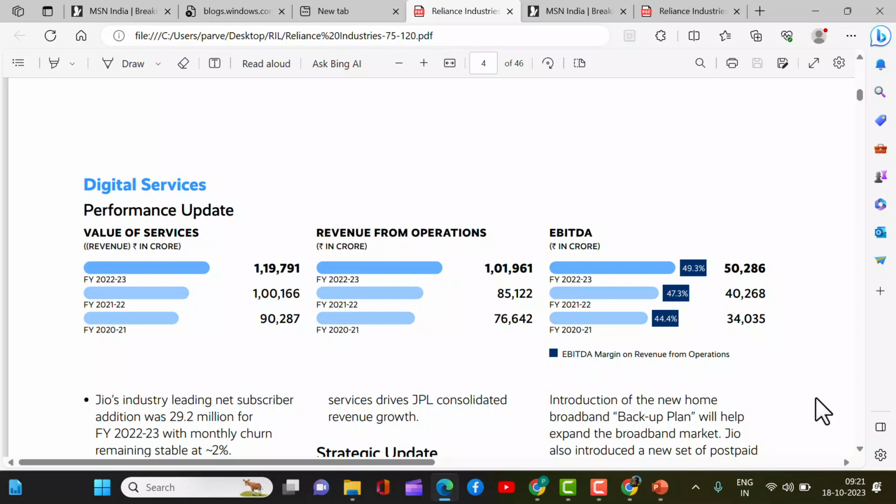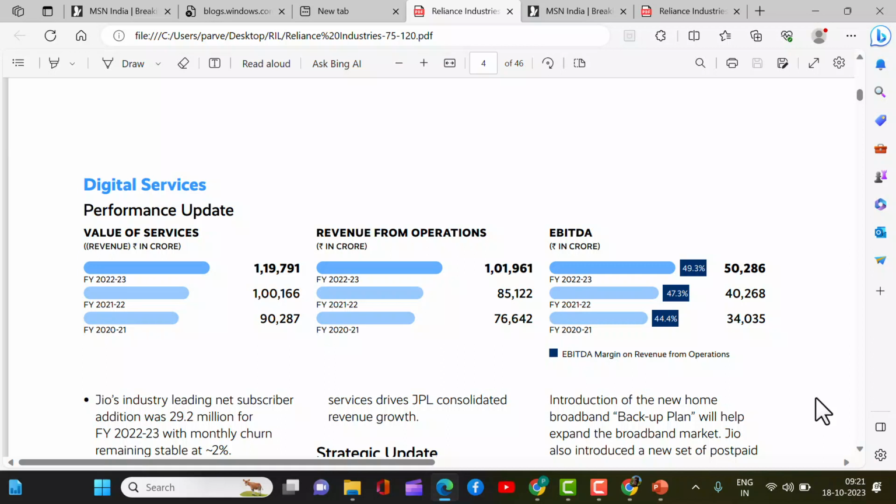And similarly, revenue from operations, which means revenue from the business. Now this revenue can consist of some other income also. So this is mainly from Reliance Jio, the digital services they are offering, Reliance Telecom and other things. This is their pure business, which was 76,000, 85,000, 1 lakh. And EBITDA margin was 49%.